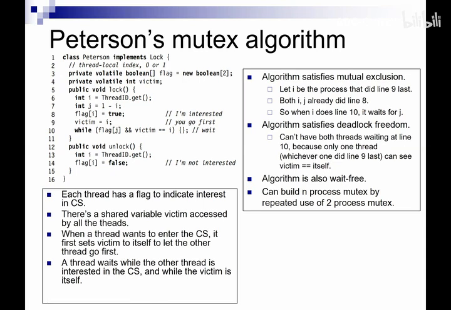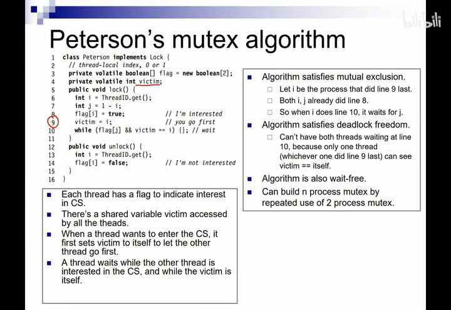But now we have this additional thing called victim. Victim is going to be one of the processes. If I want to get into the critical section, I'm going to call lock. I raise my flag in line 8 over here, and then I set victim to be myself. What this is trying to say is that I'm going to wait for you.